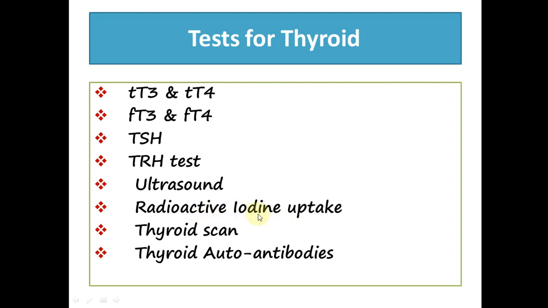We will discuss this in detail later on. Because radioactive iodine also is very dangerous, because it is just like that we give some person poison in the food. Radioactive iodine in the thyroid gland will cause destruction of the follicular cells by inducing radiation.